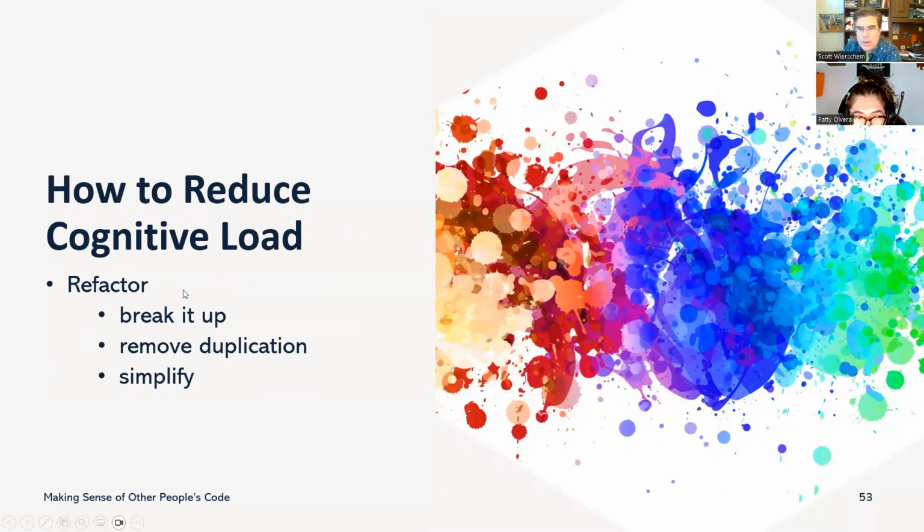Okay, so basically, what are the steps that we would use to reduce the cognitive load of a complex algorithm that we're looking at? So the most obvious thing you can do is to refactor it. So refactoring is changing the structure of a program without changing the behavior.